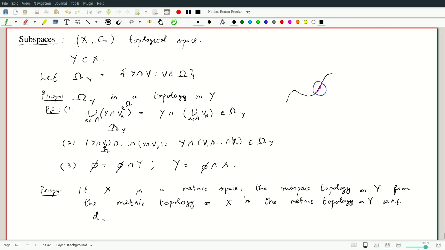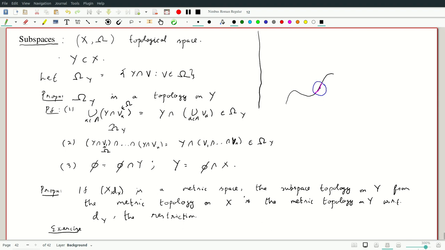So let me say (X, d_X) is a metric space. I'm going to just declare this to be an exercise. There's no idea involved, it's just a routine check, but it would be helpful to solve the other exercise also.